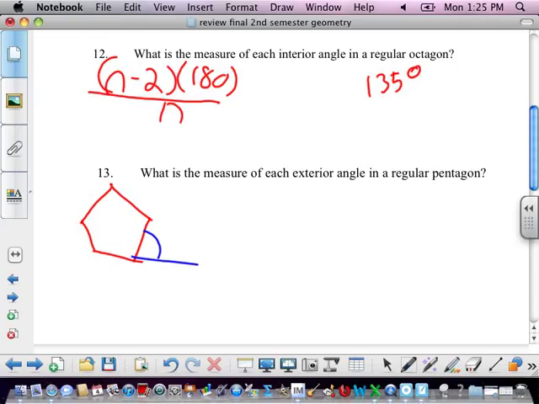Because I wanted to know each angle, n minus 2 times 180 gives you the sum of all the interior angles. If you divide it by how many angles there are, you can get each one. Okay, so what is the measure of the exterior angle in a regular pentagon? So exterior means outside of it. So we take 360, divide that by the number of sides. In this case, it would be 5, and we'll get 72 degrees.